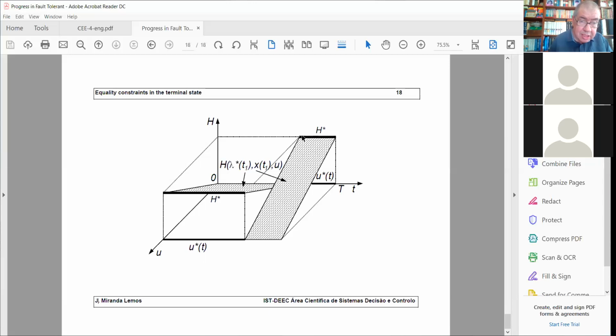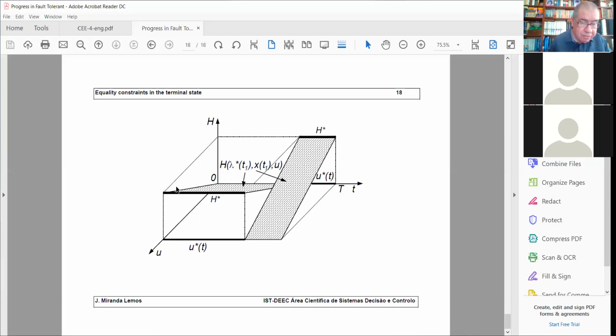And the Hamiltonian is that one, but the value of the Hamiltonian is the same. And you can prove this with your computations, because you can compute the Hamiltonian in this segment along the optimal trajectory, and also the Hamiltonian in the second interval.